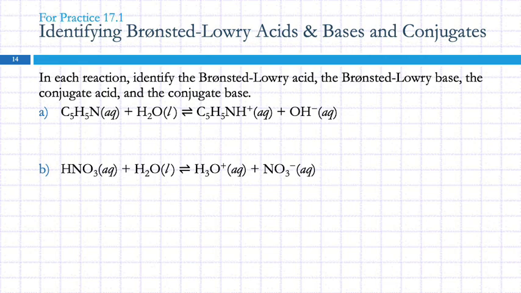Donated. And it would have to donate it to the other thing. So the water is donating a hydrogen ion. Is that an acid or a base? That's an acid. So this is the acid. And then this guy over here must be the base. So that's our base.